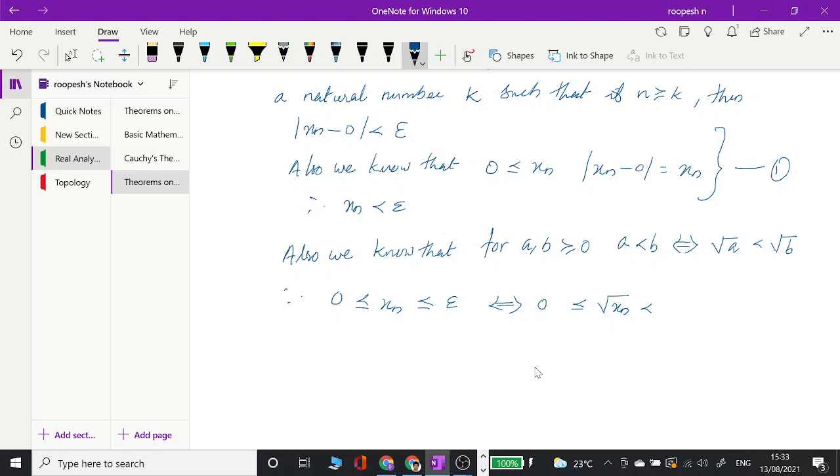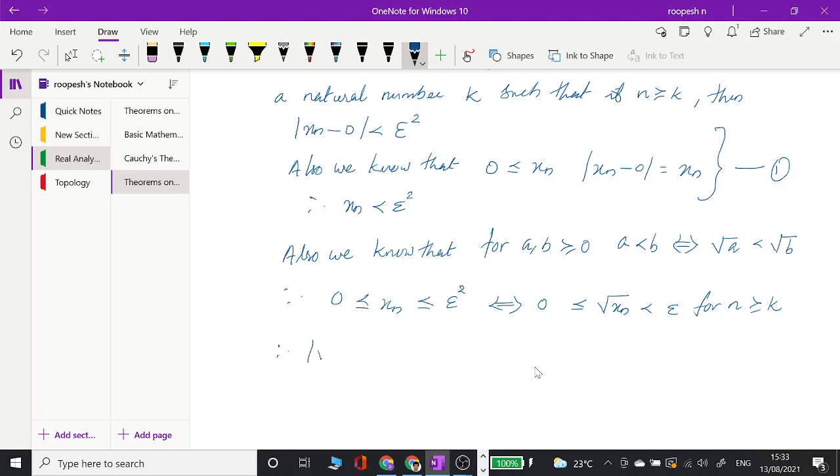But we want it to be less than epsilon, so we can go for epsilon squared. No need of doing this epsilon squared here, but in order to get epsilon, I am doing this. So this is less than epsilon for n greater than or equal to this k value.